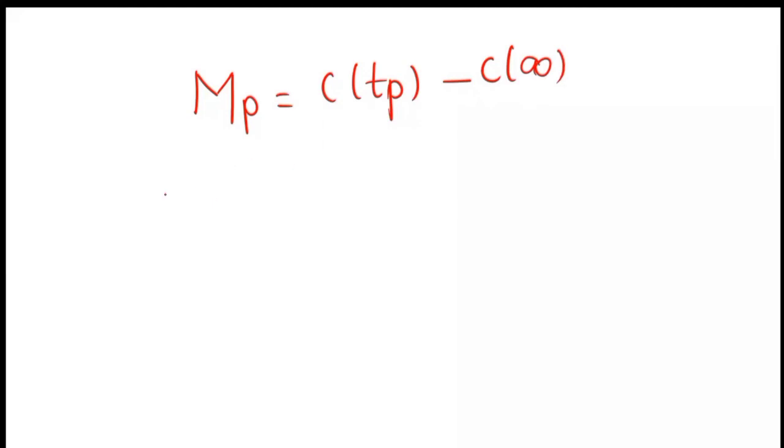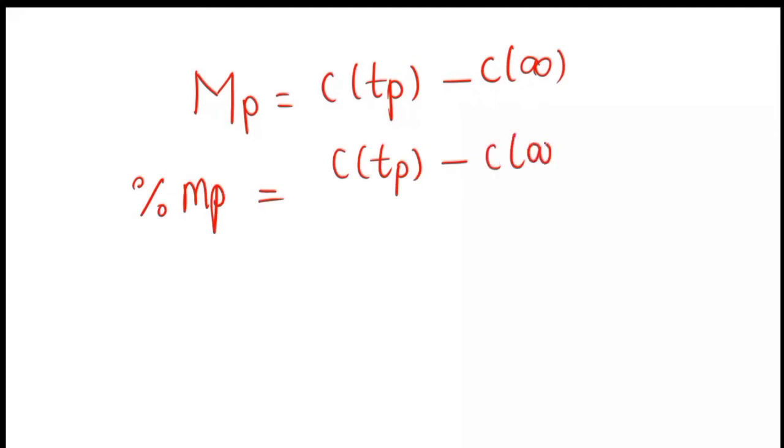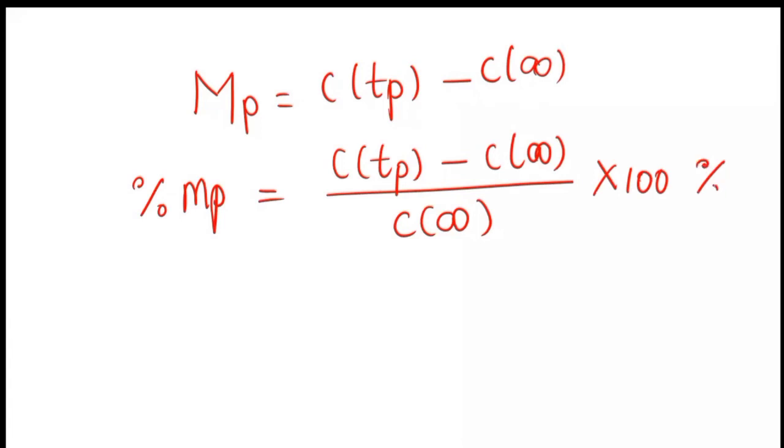In general, this peak overshoot is expressed as a percentage. So, percentage peak overshoot, percentage Mp is equal to c of tp minus c of infinity divided by c of infinity into 100%.